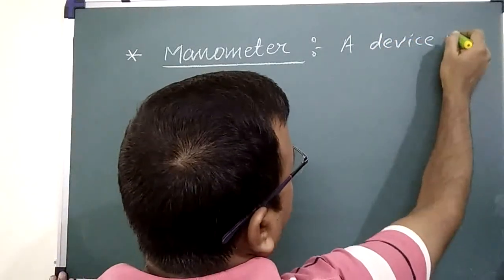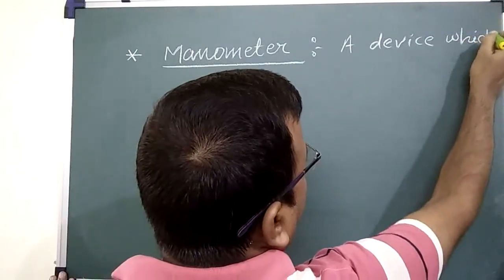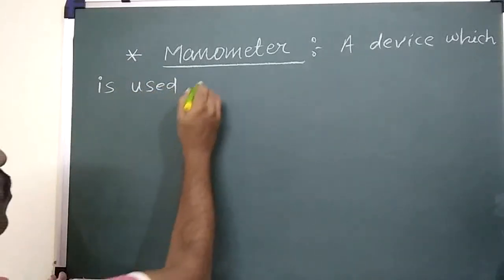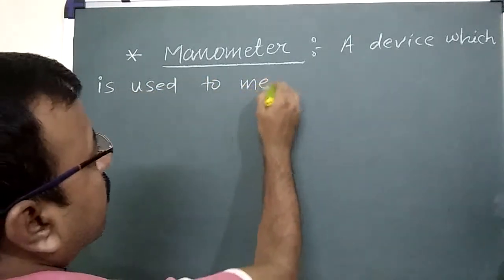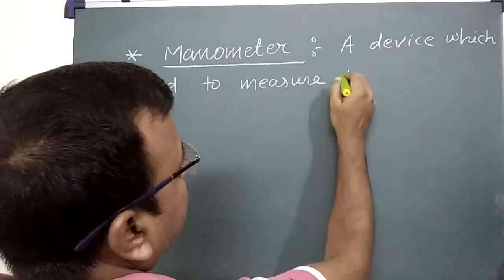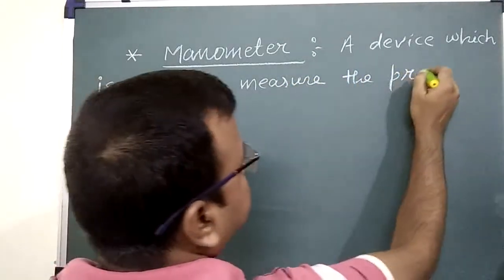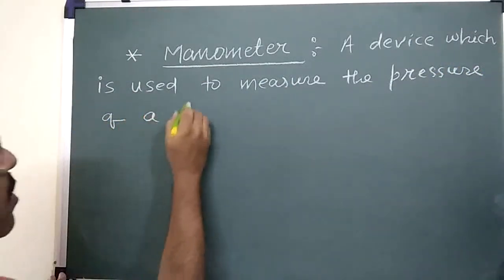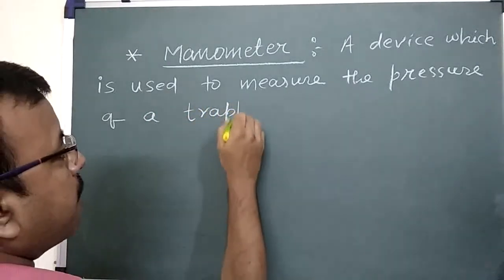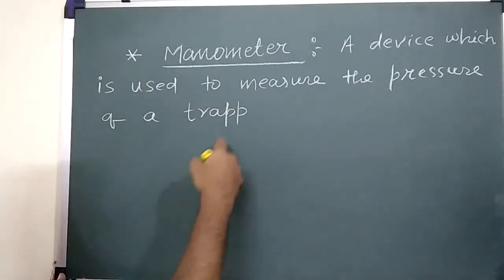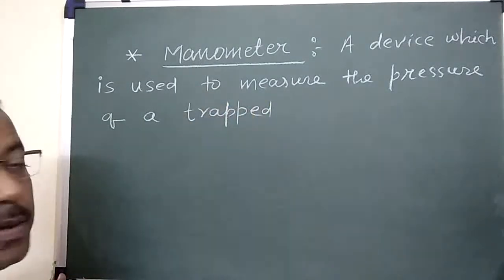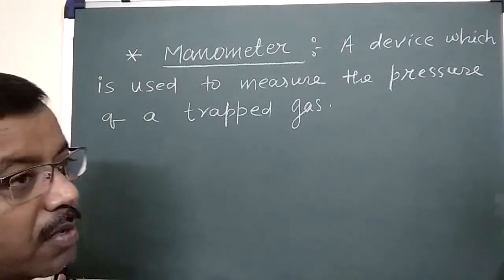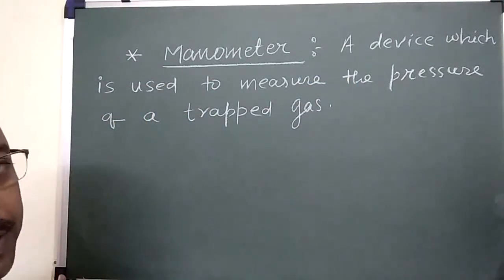A device which is used to measure the pressure of a trapped gas. Now listen, barometer is used to measure the atmospheric pressure.